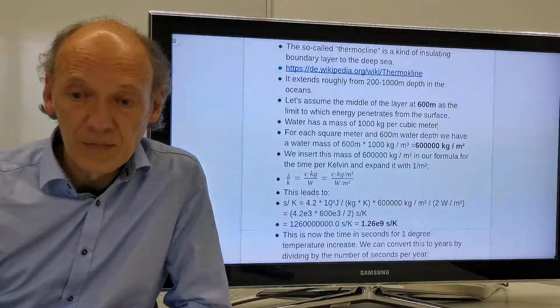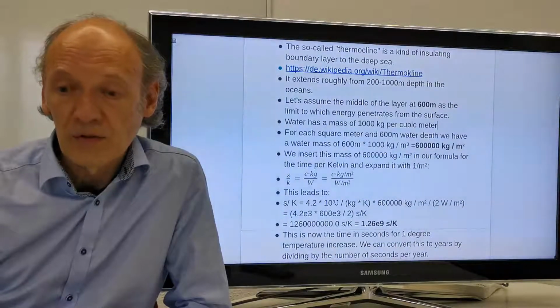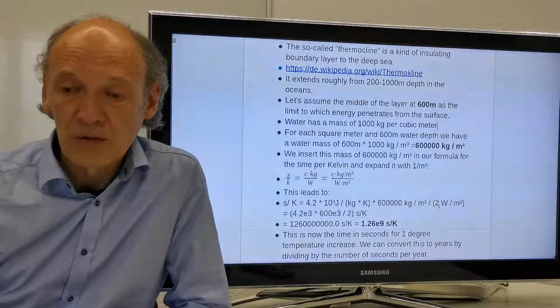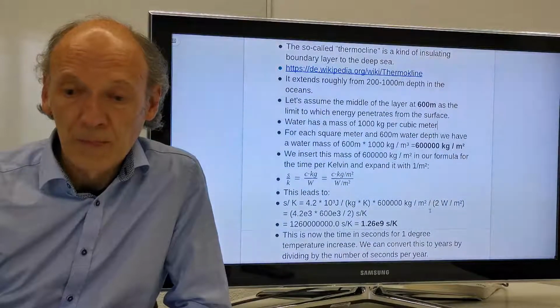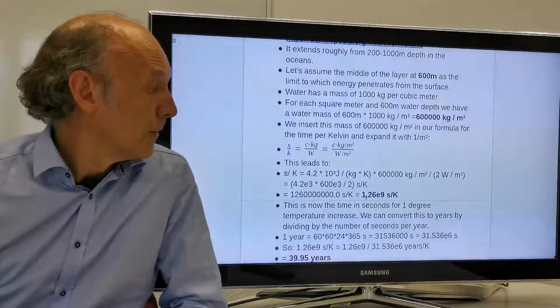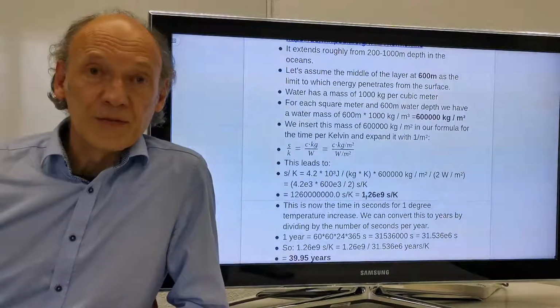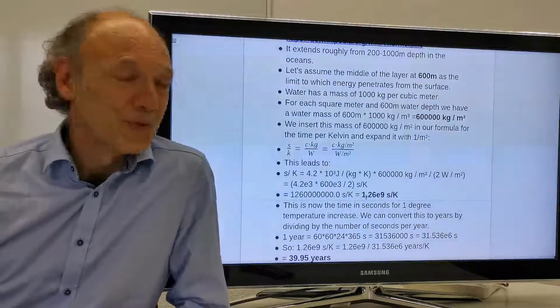Here is the C, this 4.2 times 10 to the third joule per kilogram Kelvin. Here we have our 600,000 kilogram per square meter, and then here the 2 watts per square meter. Then if we compute it, we get the result of 1.26 times 10 to the 9th seconds per Kelvin.